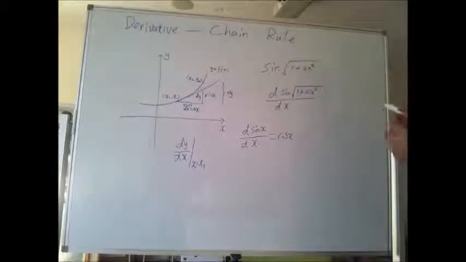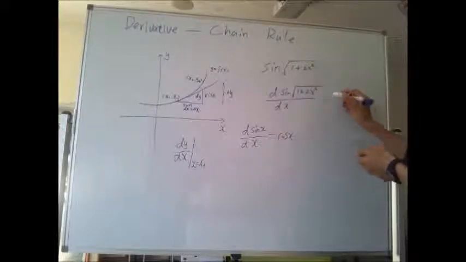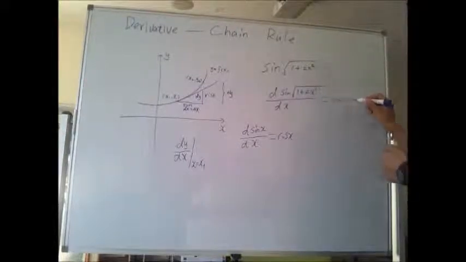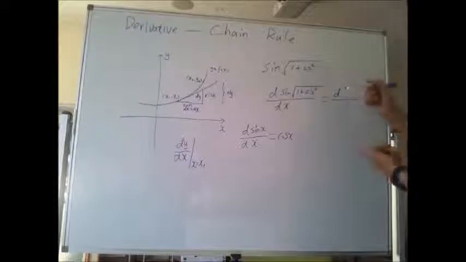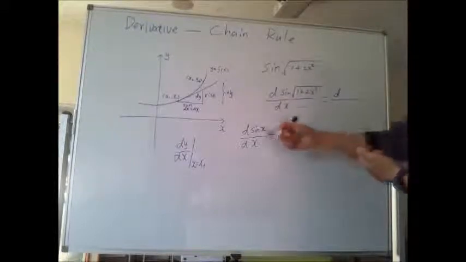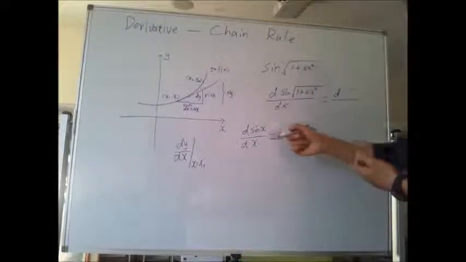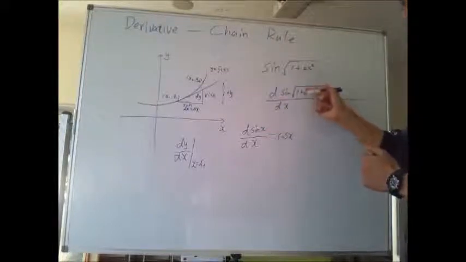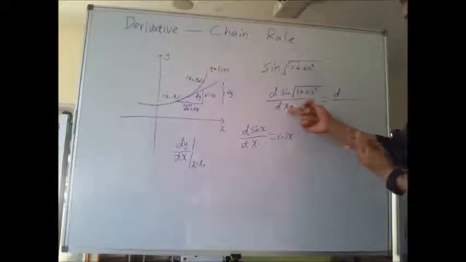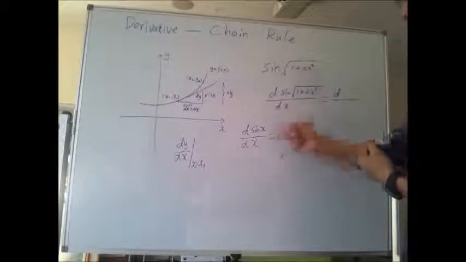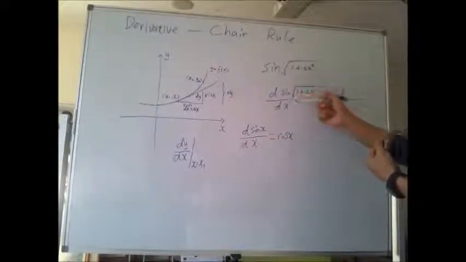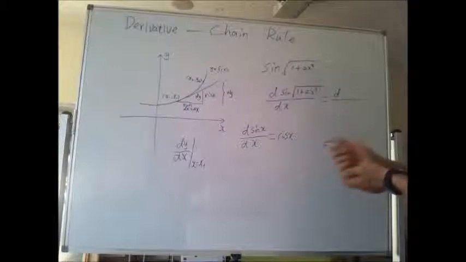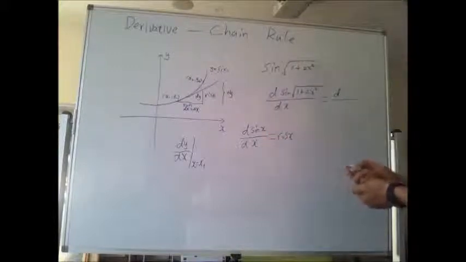Now, how to solve a question like this? We need to use the chain rule. We have this function, and what's the difference between these two expressions? The difference is at the denominator. If we change the denominator into this square root, we would be able to use this equation.